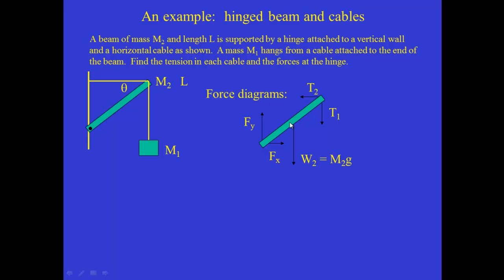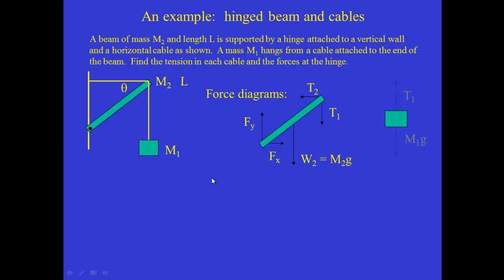But it's not necessarily true. And so rather than assume that, it's better to simply write down these two components and then solve for them separately. So find the tension in each cable, T1 and T2, and the two forces at the hinge.